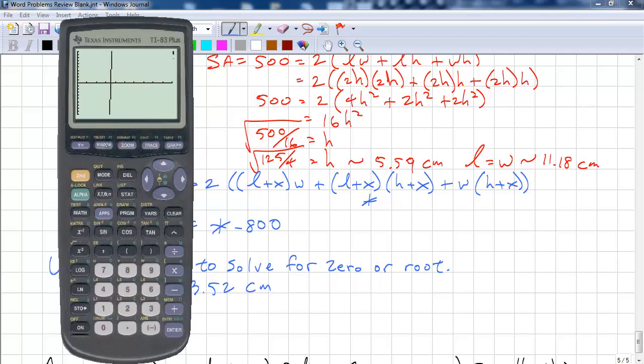And let's just adjust the window. Don't need to go out to 10. Let's stop it at 5 and graph. And there we have a nice gentle curve.